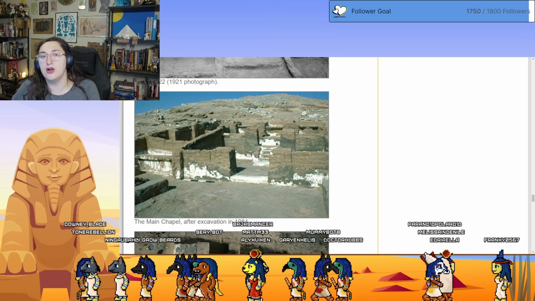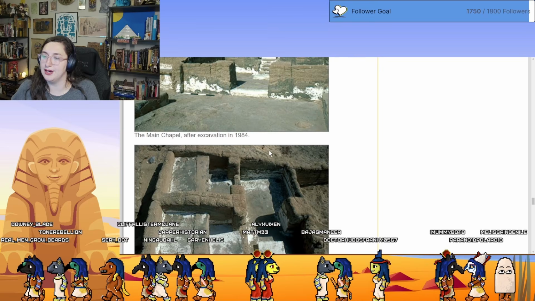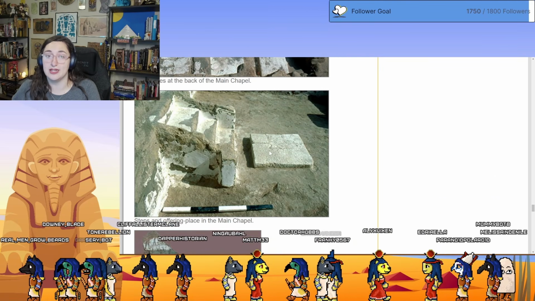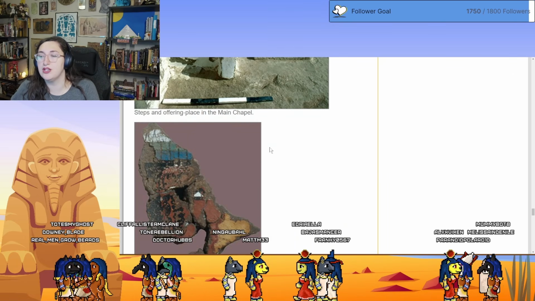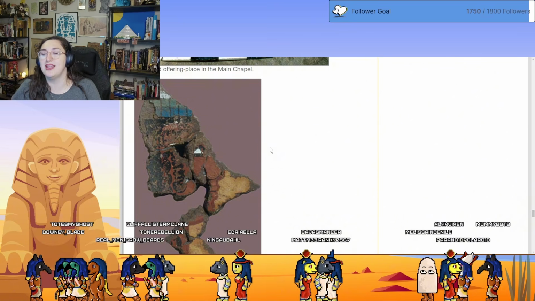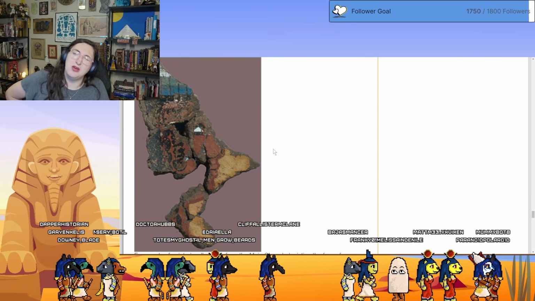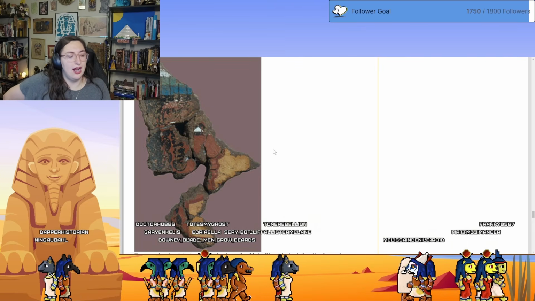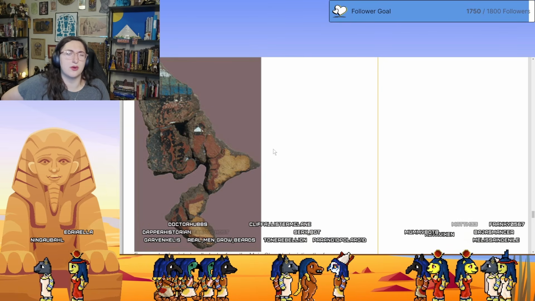These are eerily similar to some of the chapels that I saw in Deir al Medina, which is extremely similar to this location, with the exception that Deir al Medina is more of an artist hub, whereas these are mainly workmen. Like, these are workmen who are mainly building, not necessarily artists or sculptors or designers.